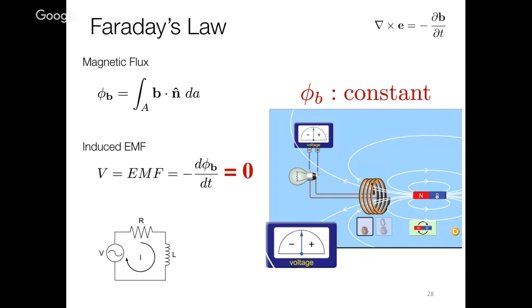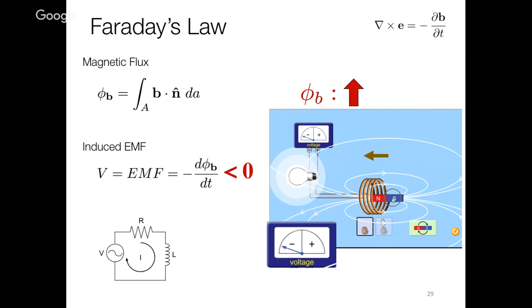However, if I take this magnet and push it in, the high-strength field is going to get close to the coil, so I'm going to be increasing the flux. If I'm increasing the flux, then this quantity is not going to be 0 anymore.